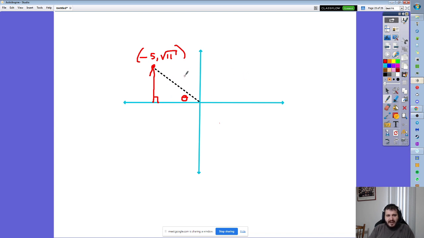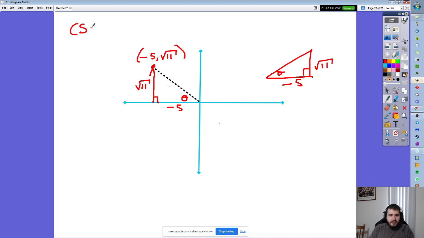So here, and again, it's backwards. Ain't nobody want that. We know that this is -5 according to the x value, and this is radical 11 according to the y value. So if you need to, take a second, redraw your triangle so that it matches expectations. And then that's the great thing is like you can get 3/4 of the way through here without even needing to know what it is that you're solving for yet.